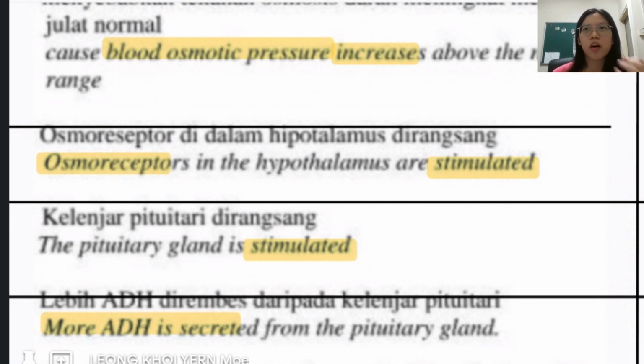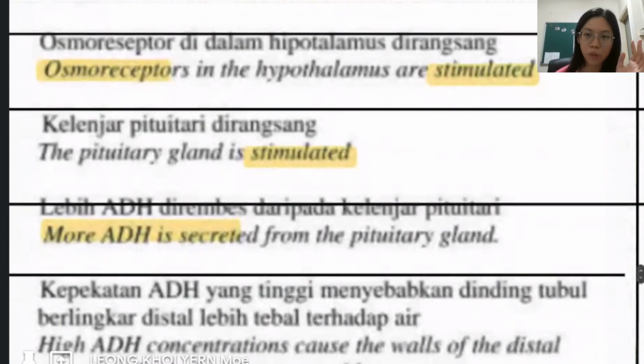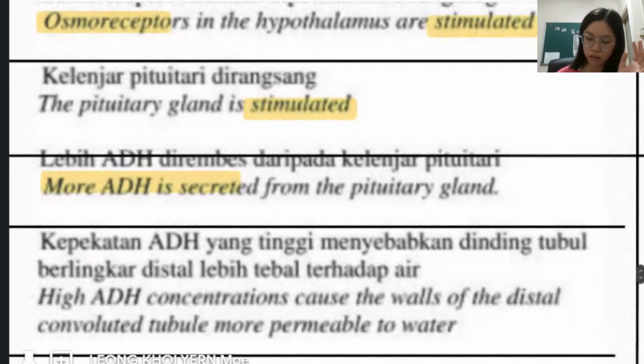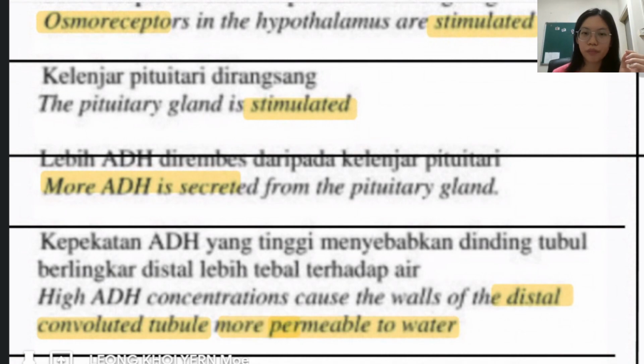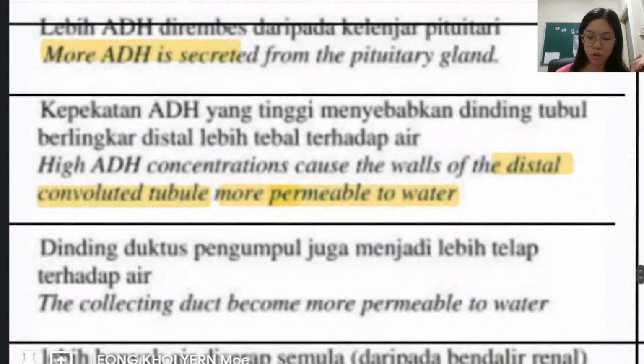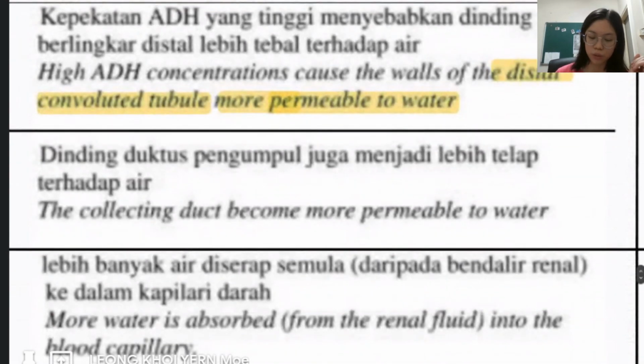So how does it cause more water to be absorbed? It lets the wall of the distal convoluted tubule and the collecting duct be more permeable to water. I know this one didn't mention the collecting duct, but the distal convoluted tubule and collecting duct become more permeable to water. When it's more permeable, more water can be reabsorbed.